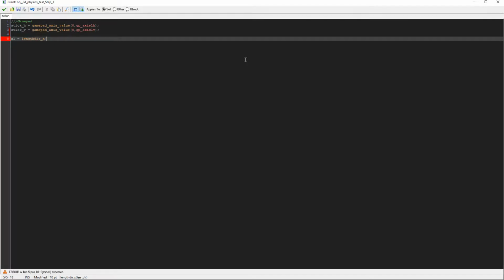So the length is going to be force, and the direction is going to be angle.